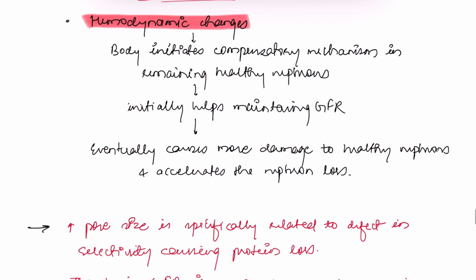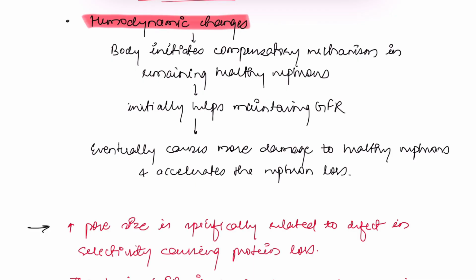Then next is hemodynamic change. How does this occur? Whenever the GFR decreases due to all these reasons, the body tries to compensate and tries to maintain the GFR. So let's say there were 100 normal nephrons, now 20 are affected. The body will try to make the remaining 80 normal nephrons work more.